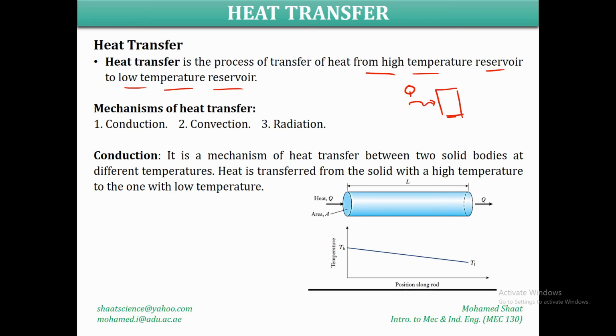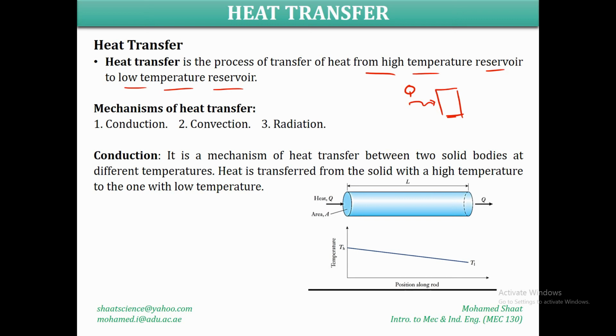To send the heat, you have to build a system. This system should have two sides. One side has a high temperature source, and the other side has a low temperature reservoir or source. So the heat will be delivered and flow in a certain direction from the high temperature source to the low temperature source.